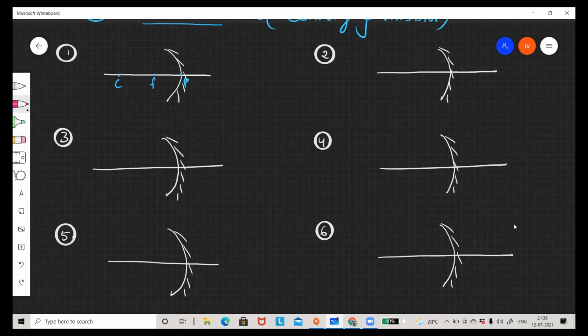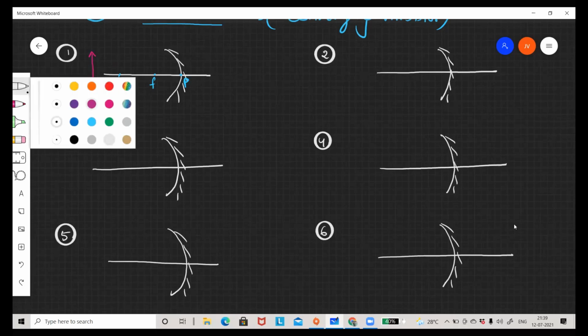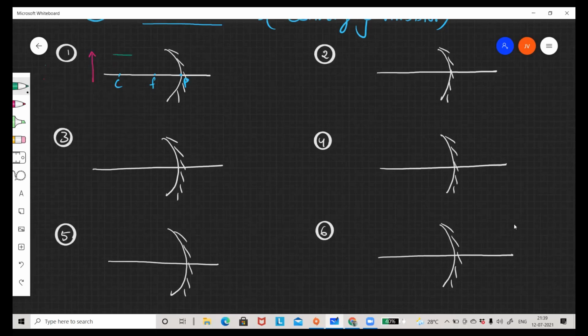Object at infinity means what? The up arrow will represent the object. If I don't touch this ray to the principal axis, its meaning is it is at infinity. So this is the object. This is the parallel beam of light rays from this object at infinity.